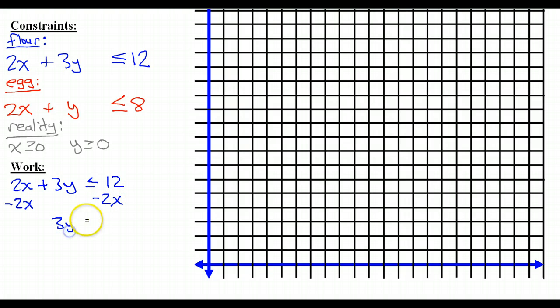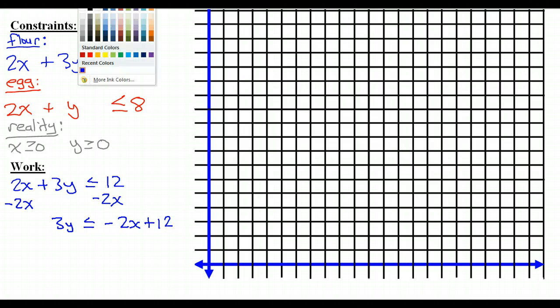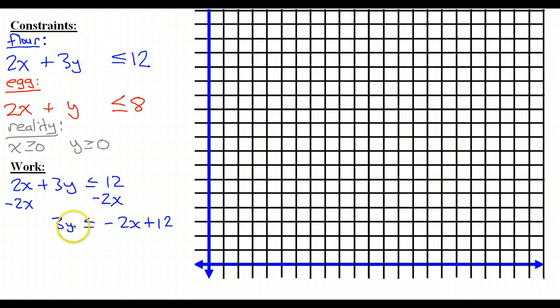That'll leave me with 3y is less than or equal to negative 2x plus 12. Now I want to divide by 3. So I will do that like this. Okay, so that leaves me with y is less than or equal to negative 2/3 x plus 4.